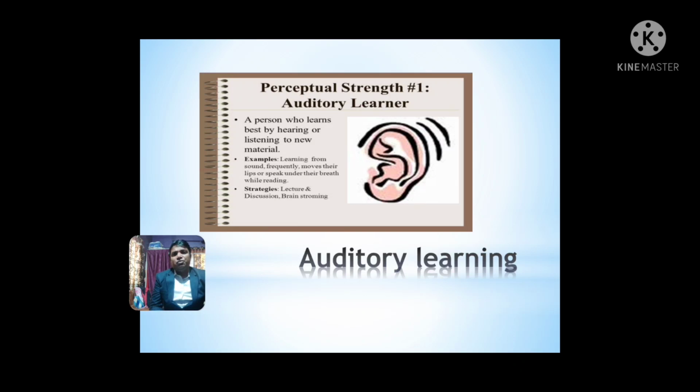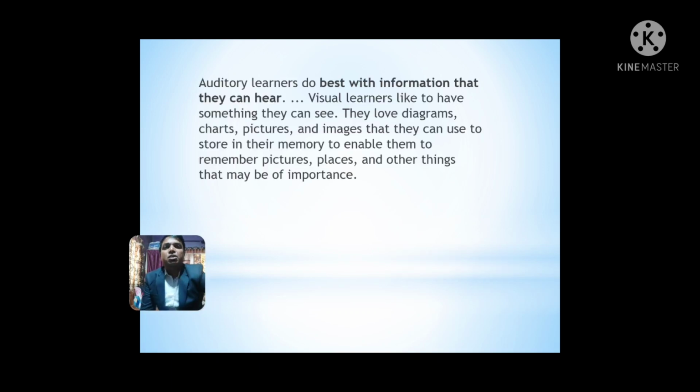In the picture we can see that the people standing on the opponent side are listening through their ears, and this is what auditory learning is, and it is a part of most styles of learning. So these are the things present in auditory learning.